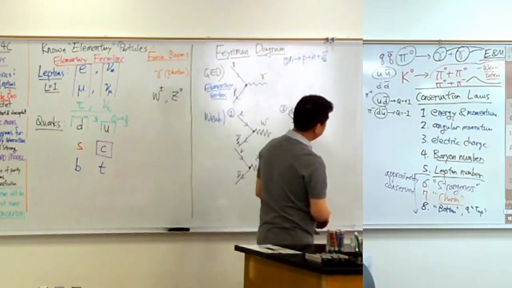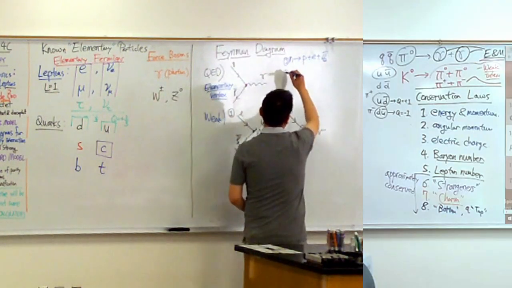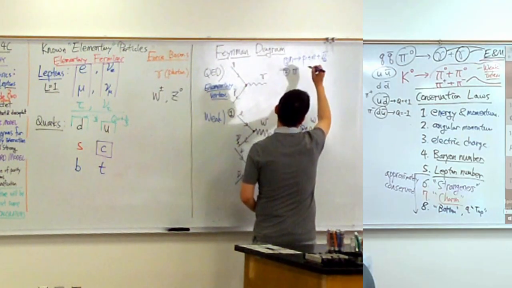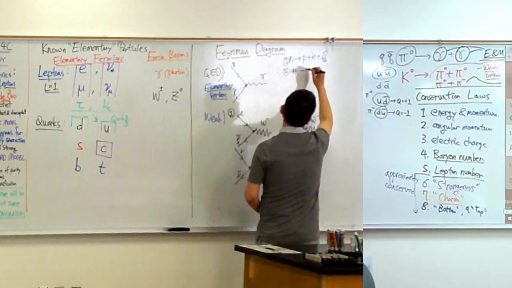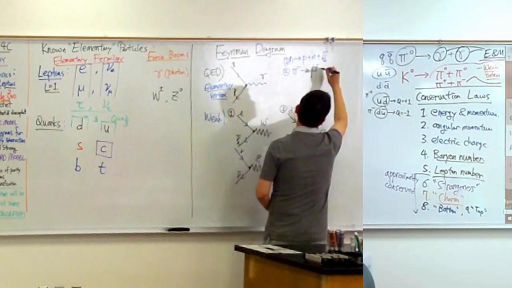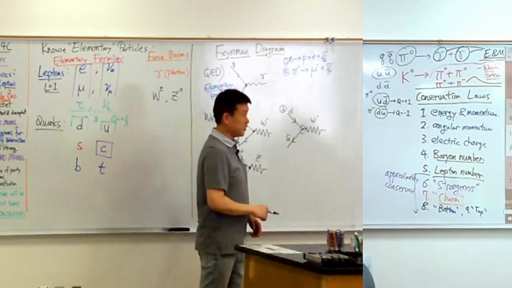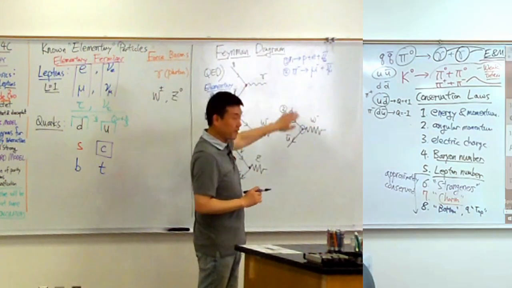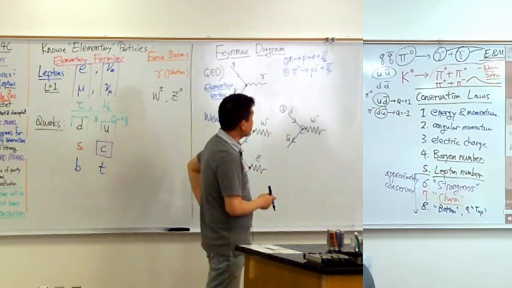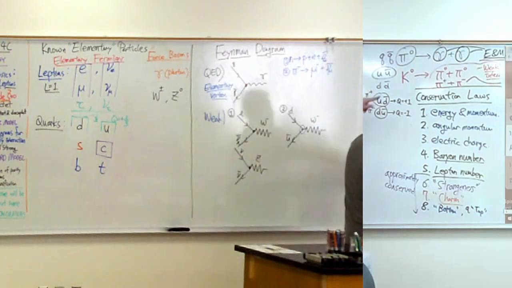And we've been talking about the pion. So the charged pion, let's say pi minus, decays into a muon and a muon antineutrino. So I ought to be able to draw that as a Feynman diagram. Oh, and I have this.